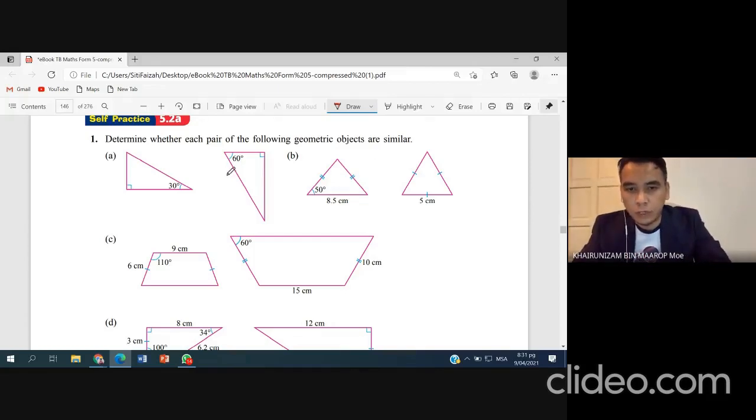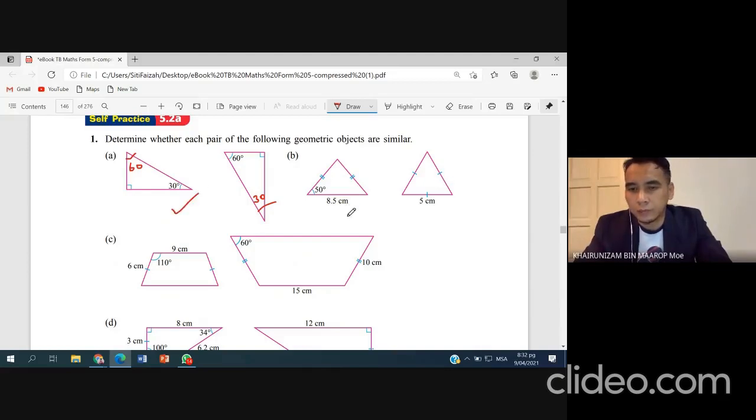Actually for triangle, kita boleh dapat yang similar because we just determine the angle. So here actually we get 60. This one also 30. So same angle, right? All are equal angles. So this is a similar object.